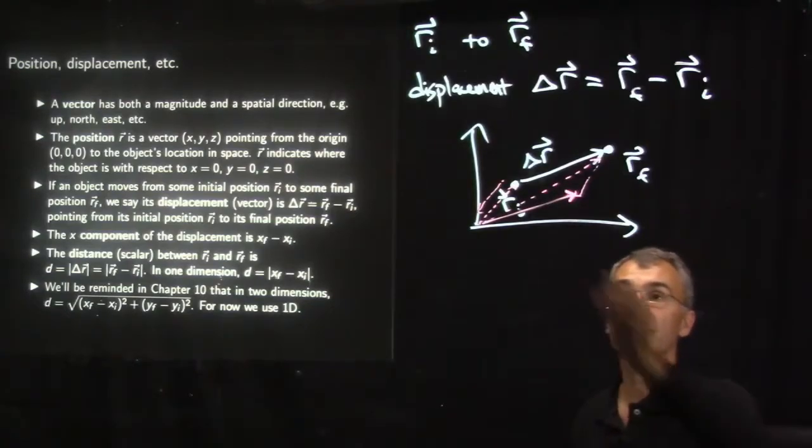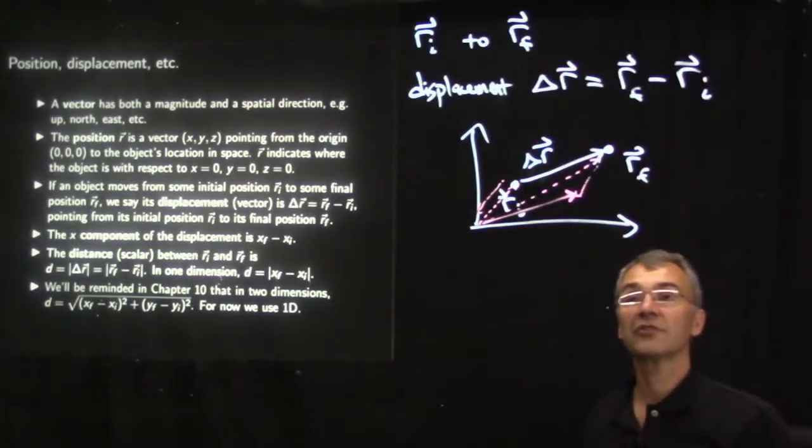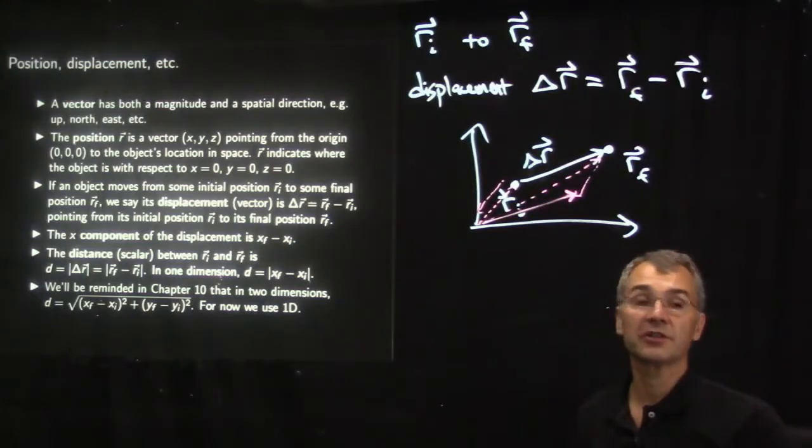It's a little bit tricky, but it's the same. See, it has the same magnitude, it has the same direction. It's just that we put its tail in different places.